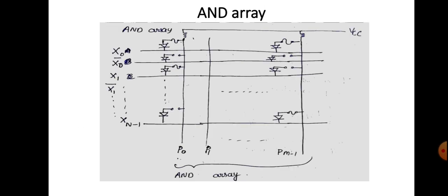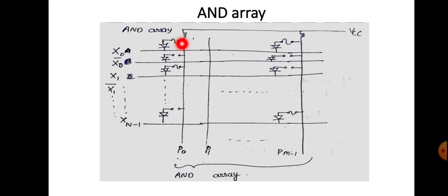So these are the input lines. This is x0, this is x0 bar. Similarly, xn minus 1, then there will be xn minus 1 bar, like that. And these inputs are all connected to the AND gate. Actually, there is no practical connection.